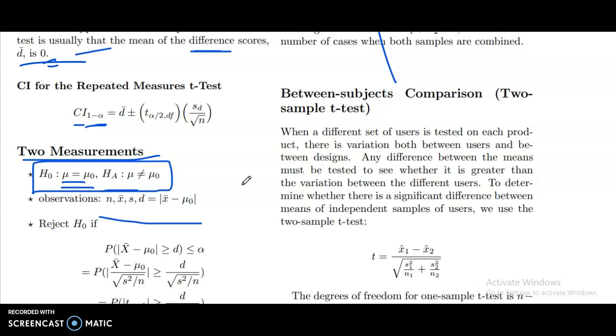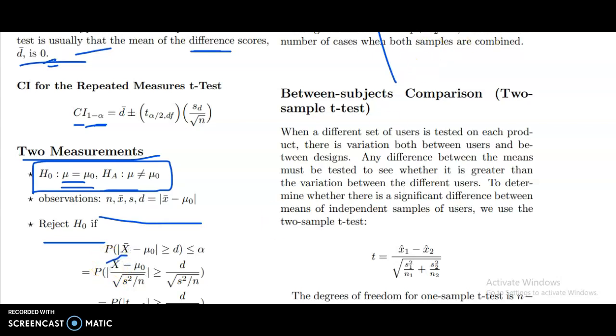Reject H naught if the probability of mod of x bar minus mu naught is greater than or equal to d, and overall is less than or equal to alpha. That is one condition.